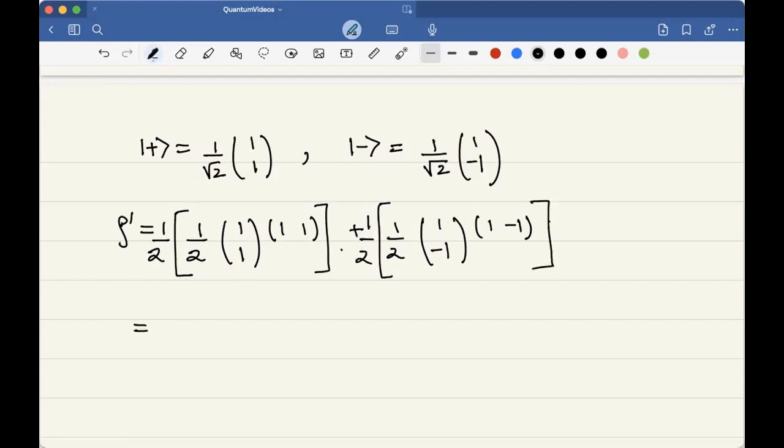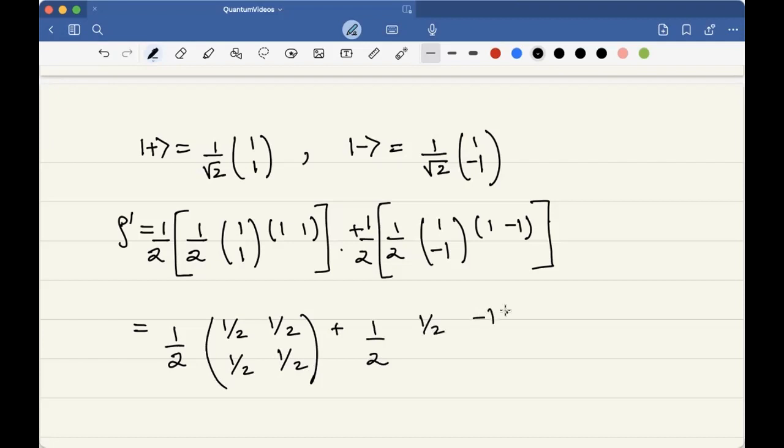So this will be half into [[half, half], [half, half]] plus half into [[half, -half], [-half, half]].